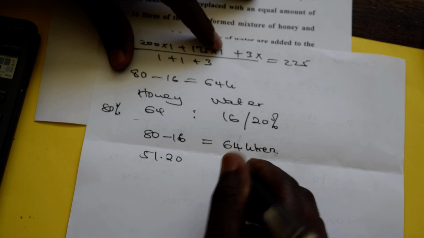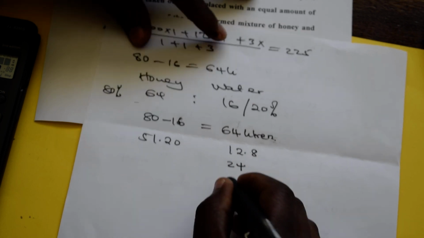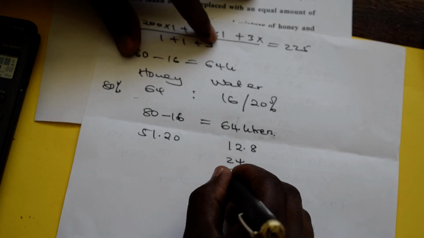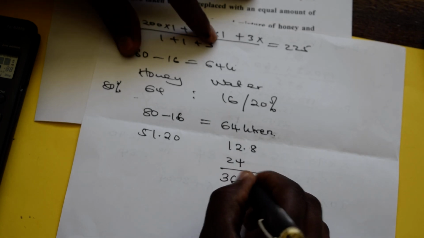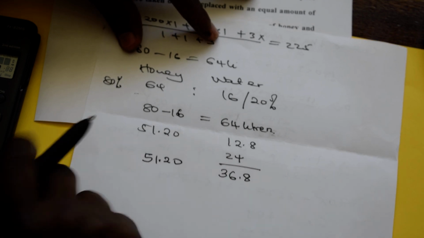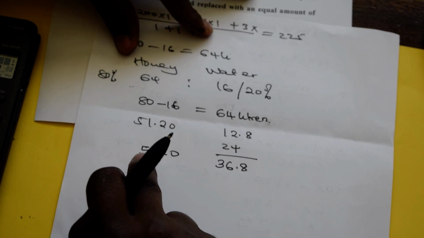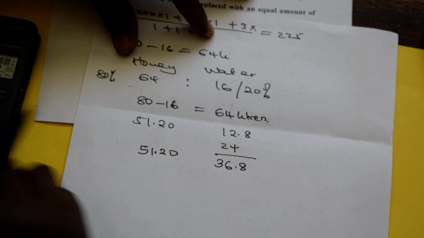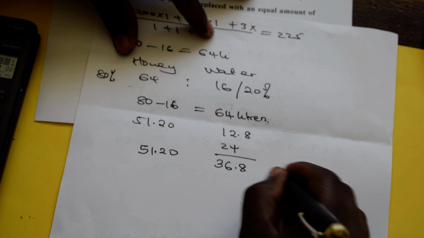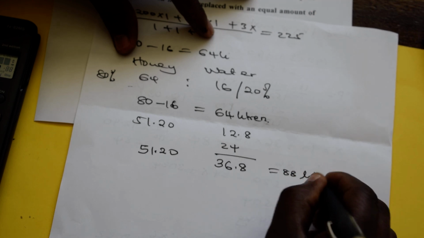So if we add 24 to this, water now will be 36.8, while honey remains 51.2, and now we have 88 liters of the mixture.